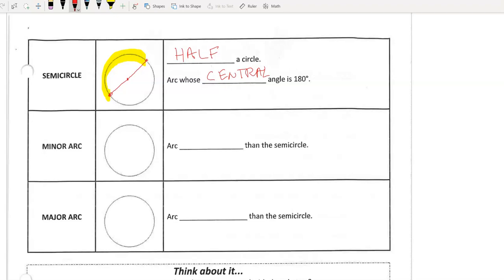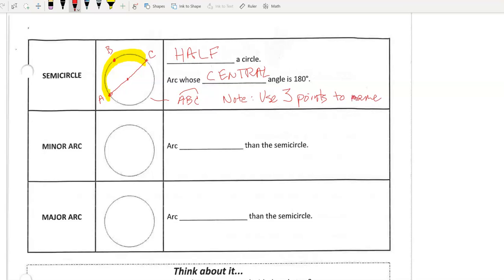Okay, and in order to name this, I'm going to need one more point here. So I'm going to call this A, and I'm going to call this other point on the other end of the diameter C, and then we'll call this point on the arc B. So this arc here would be called arc A, B, C. Okay, so note, use 3 points to name.